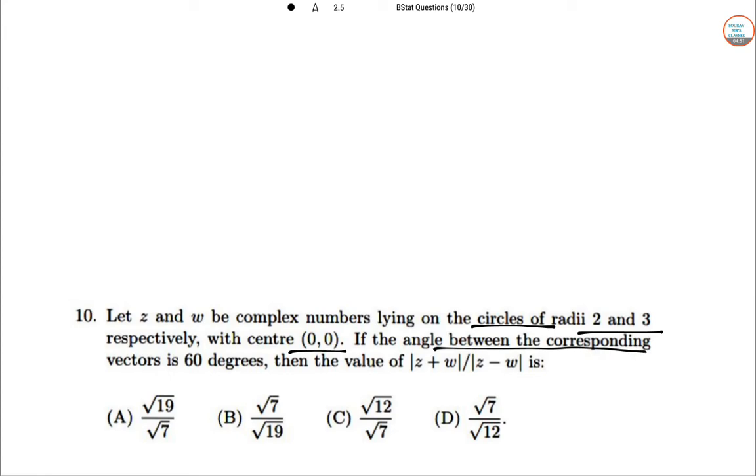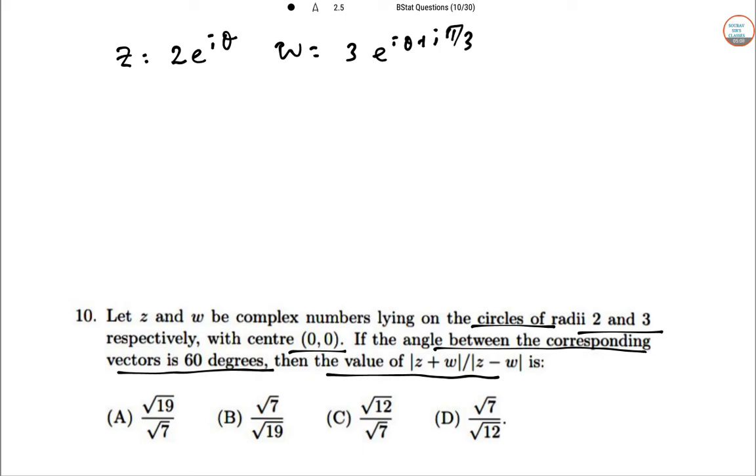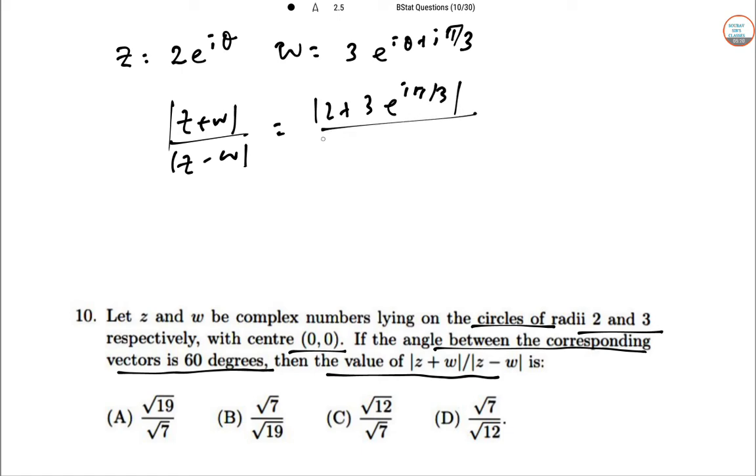If the angle between the corresponding vectors is 60 degrees, then find the value of the modulus of Z plus W divided by Z minus W. So let Z equal 2 e to the power i theta, and W equal 3 e to the power i theta plus i pi by 3. Z plus W and Z minus W I have to do separately. From the given structure we can write these as above.